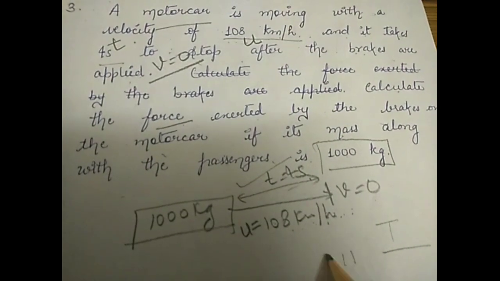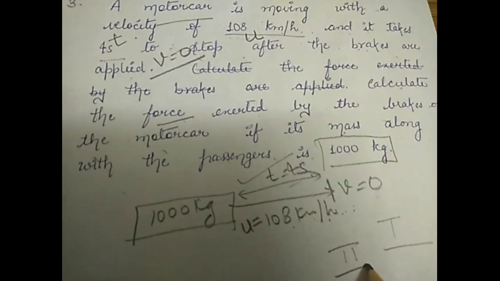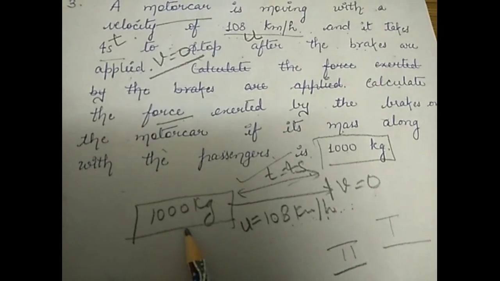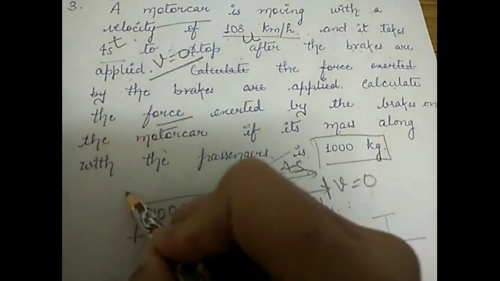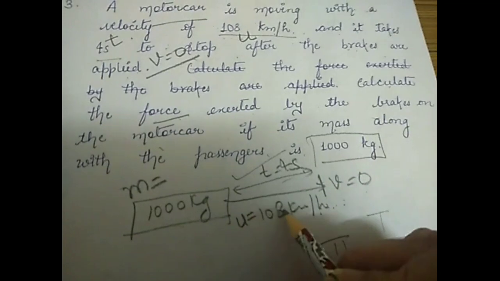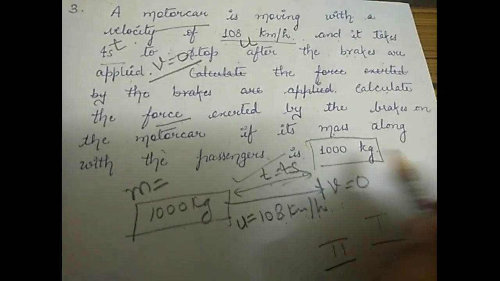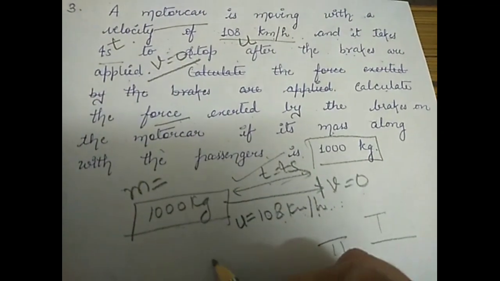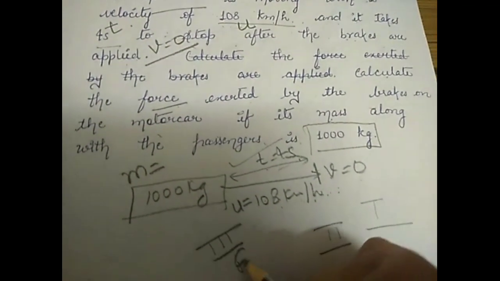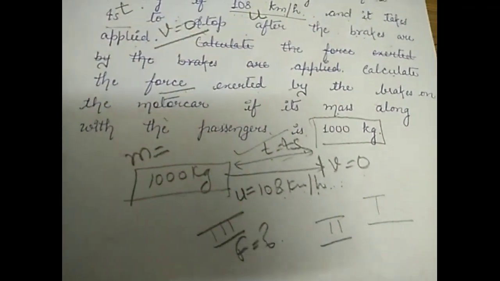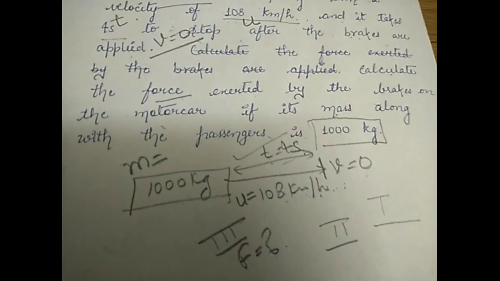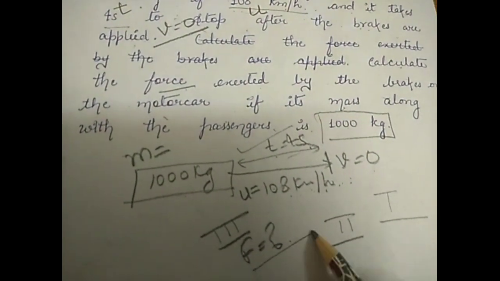Now what's the second step? What is given to us? M, mass, U, V and T are given to us. Third step, what we need to find out? We need to find out the force, with which the brakes are applied.